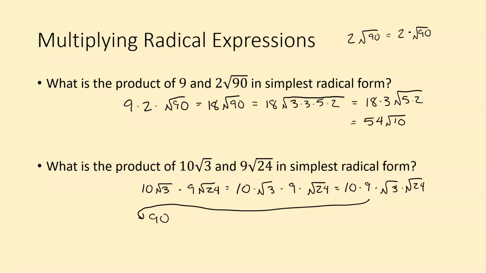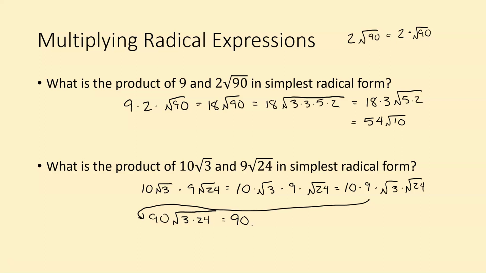And then we can move these underneath the same radical. So that would be 3 times 24. And I can multiply these right here. 3 times 24 would be 72. But I don't necessarily want to do that because I want to simplify this radical.